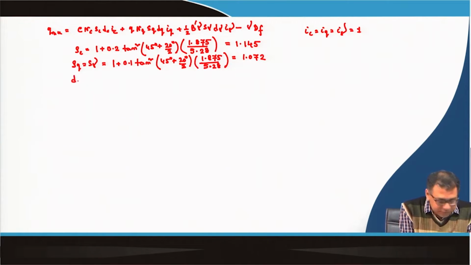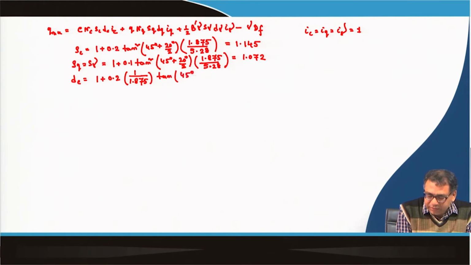Similarly, I can calculate the Dc also. This is 1 plus 0.2 Df by B dash, which is 1 by 1.875, then tan 45 degree plus phi by 2. So, this value is 1.152.